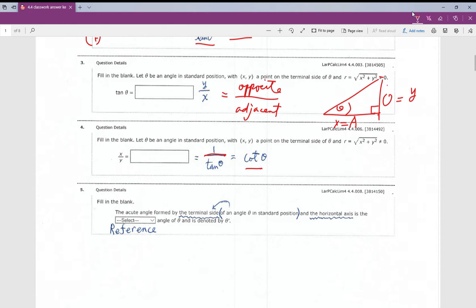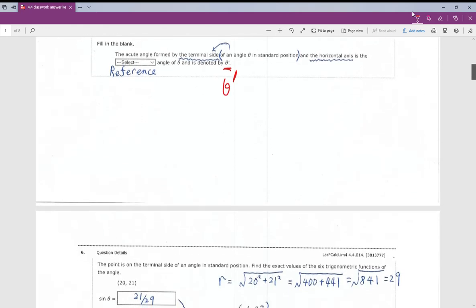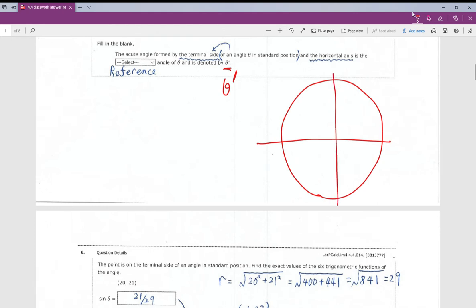Next, we talk about reference angle. Reference angle, we use theta prime. What's that? Reference angle. If you have a circle, on a circle we have 4 quadrants: first, second, third, fourth quadrant.